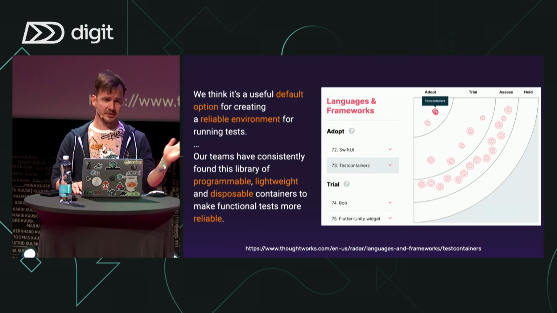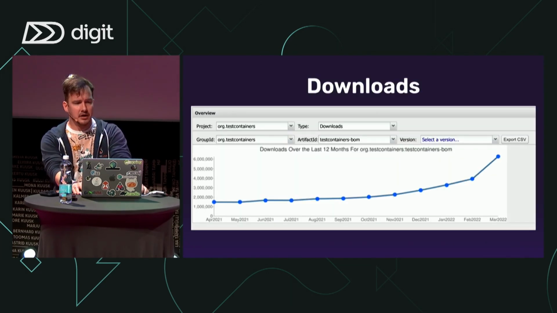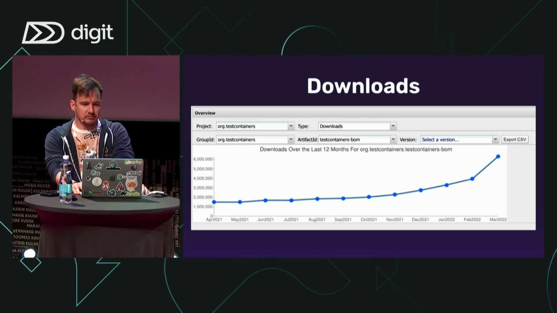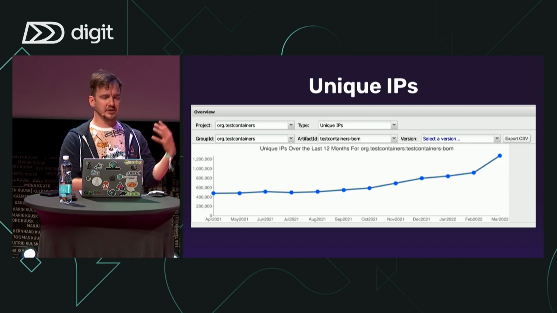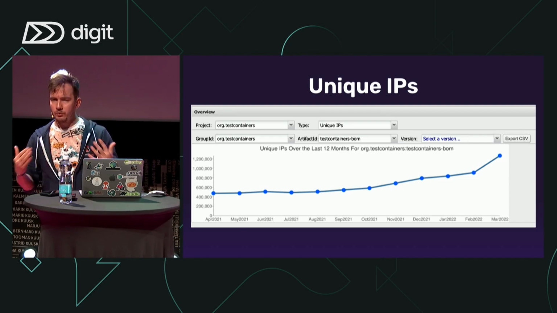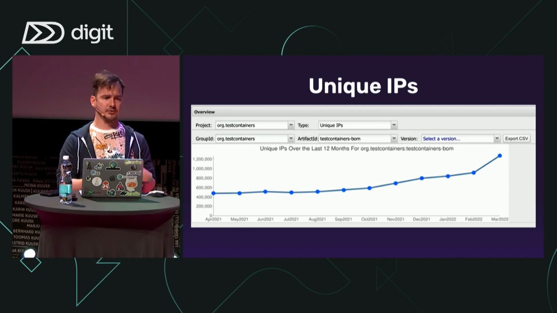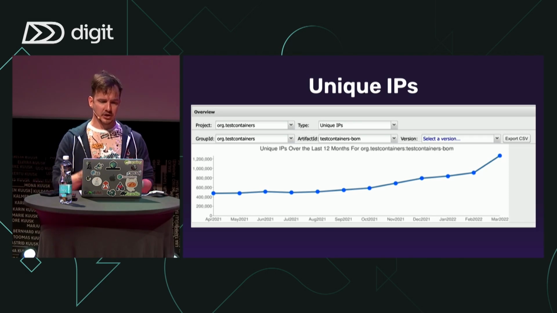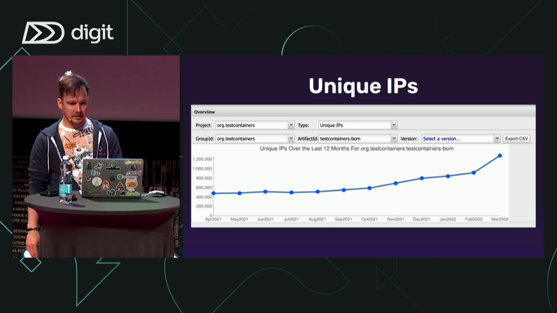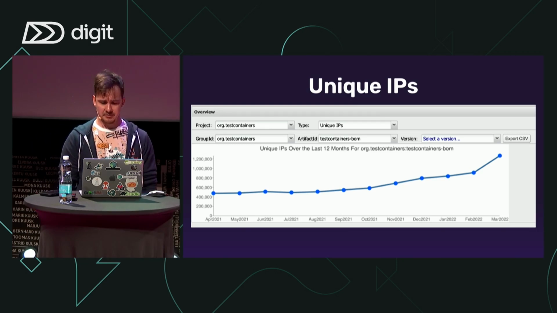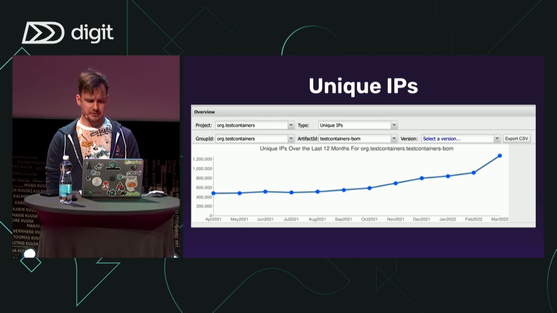So if you're not using Testcontainers, you should look into it. It's a very popular project. It powers a ton of builds, and not just CI builds cranking out numbers, which very often can be the case, but we also see, those stats are from Maven Central, that individual IPs, so different people, are using it, and that chart is also growing, currently at over 1 million a month, which is pretty interesting.